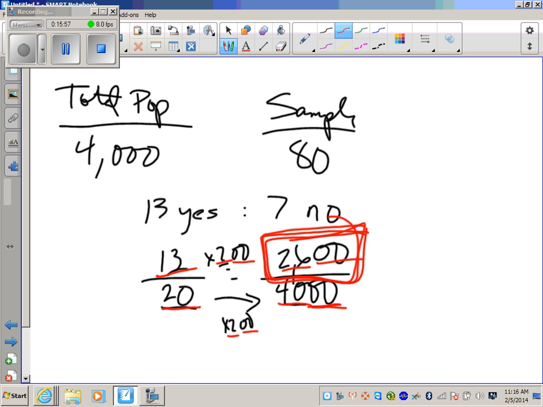Liam. Yeah, good. Way to catch that. There's 4,000 people, and they only took 80. It's a small amount for a sample, for a population that large. Okay. So, yeah, they could have probably done better.